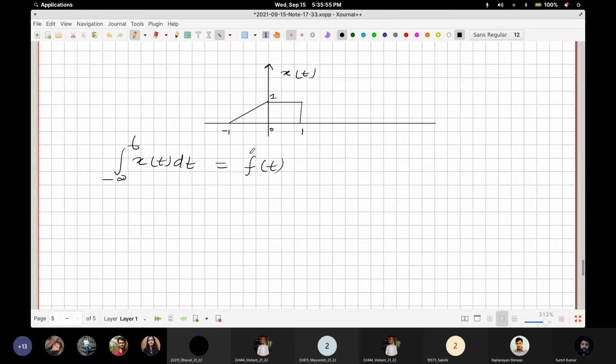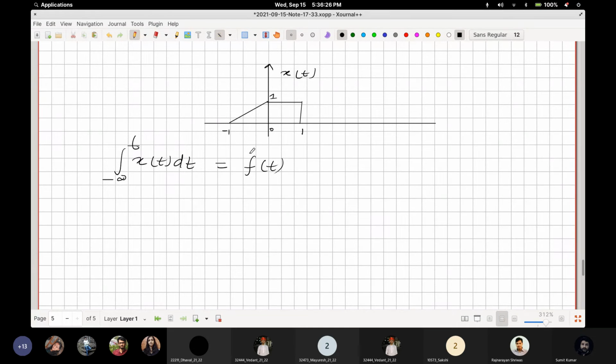So when you are doing minus infinity to infinity, you are getting a value, but here we are doing minus infinity to t, and minus infinity to t is an operation which is dependent upon time only, isn't it? So you are getting basically a function of time. Am I clear? Can you all see this or not? Yes, sir.